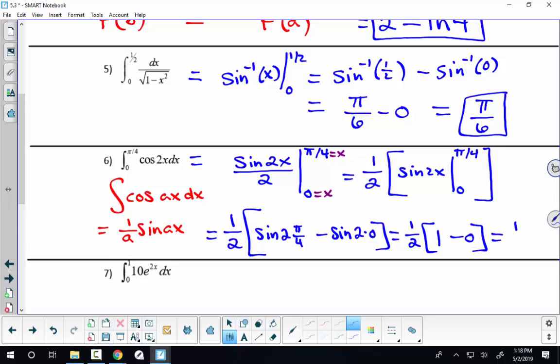There's just 1/2 times 1. If you left the 2 in from where we were originally, then you would just have 1/2 minus 0 over 2. Same thing. Any questions on that?